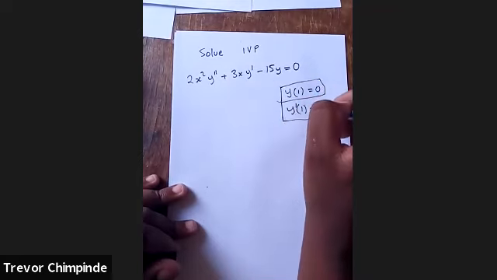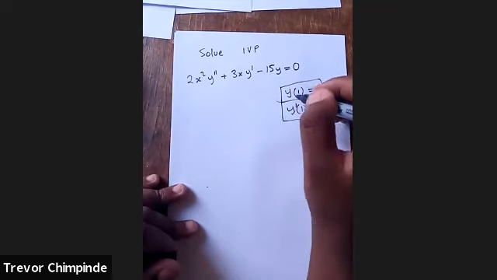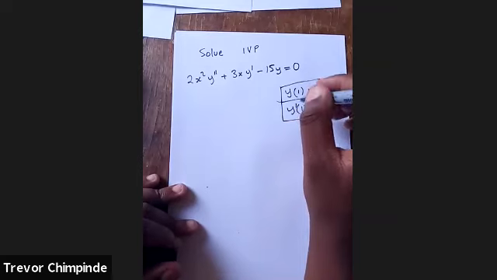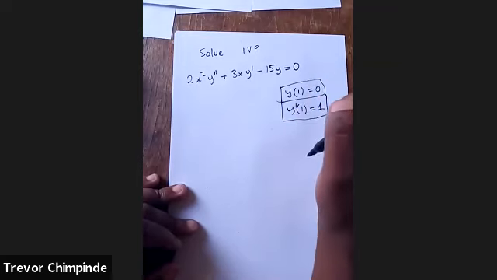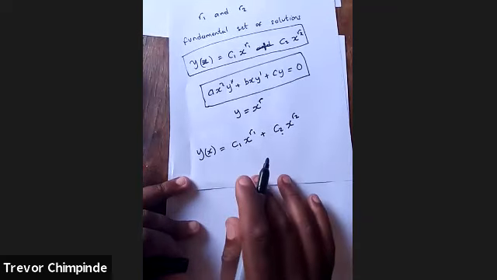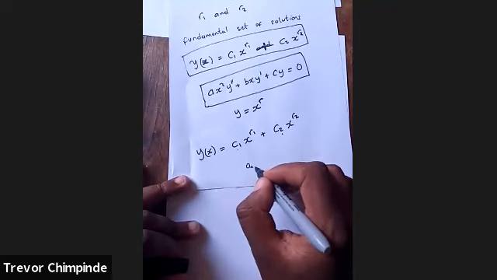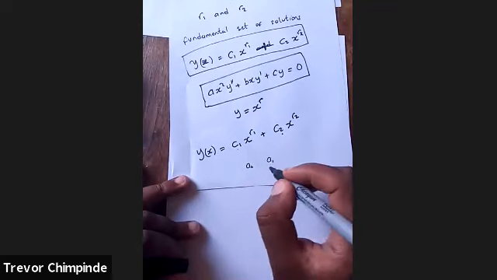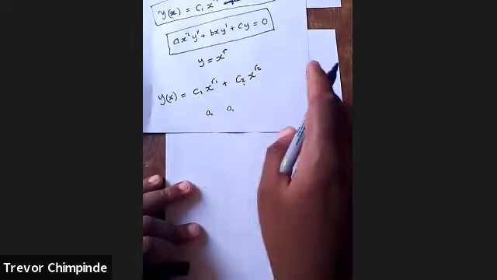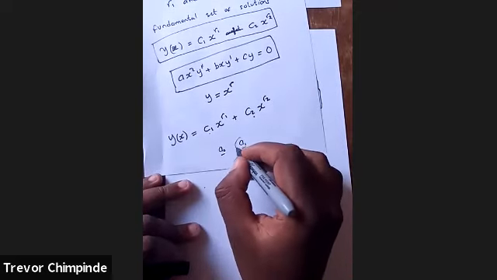These initial conditions help you find a specific solution. Once you're given them, you have to find your constants, in this case C1 and C2. In the case of power series, our constants were usually A0 and A1.